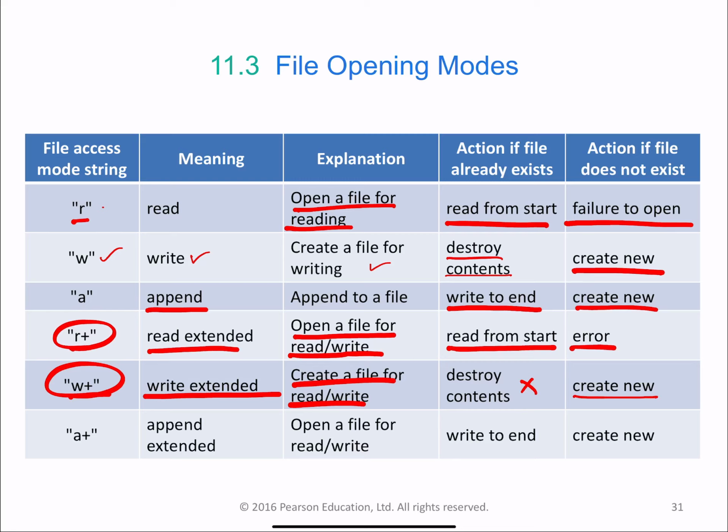And then we have append extended, a+. Also opens a file for reading or writing. Writes to the end, it's an append mode after all. And if the file doesn't already exist, it'll create a new one.